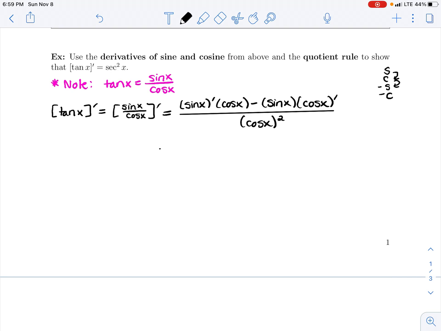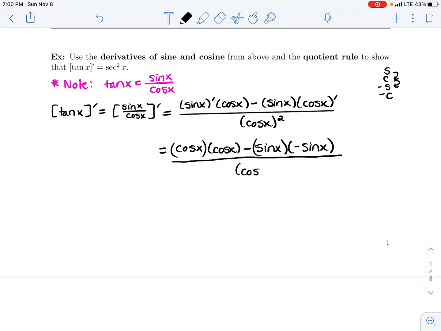And so I get that this is cosine x times cosine x minus sine x times negative sine x, and then this is still all over cosine x squared.